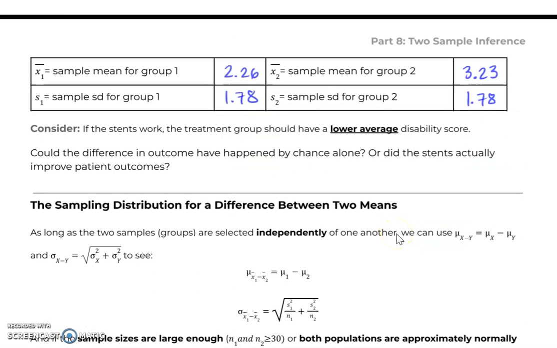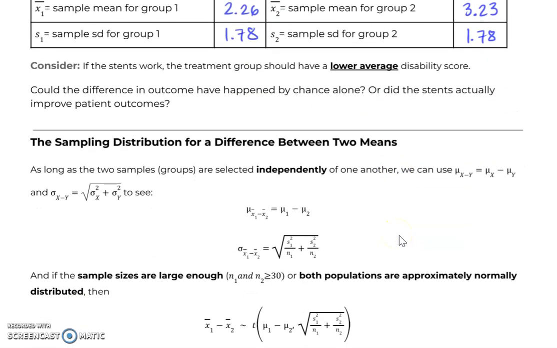So let's consider the sampling distribution for a difference between two means. As long as our samples are independent simple random samples, we know that when we take repeated samples from that same population, we subtract the means of our two samples, we know that sampling distribution is going to be centered at the difference of our population means, so at mu x minus mu y.